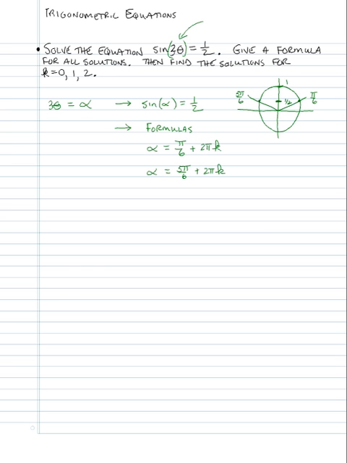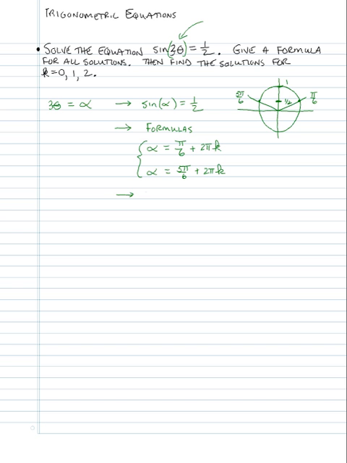Okay, so that looks similar, except I've just got a different name for my angle. But here's the rub. Here's the difference now. What we were asked to do is solve the equation sine of 3 theta is equal to 1/2. And I temporarily called 3 theta alpha.